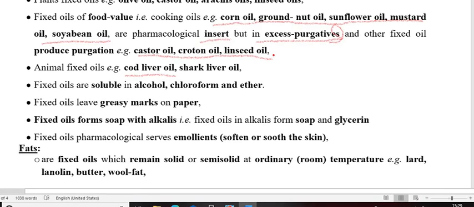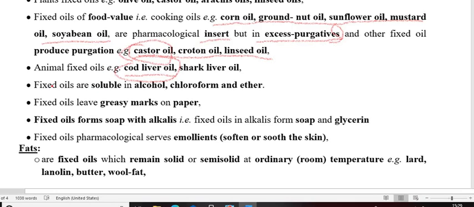Amongst these three, the most important one that we still use as a purgative agent is castor oil.